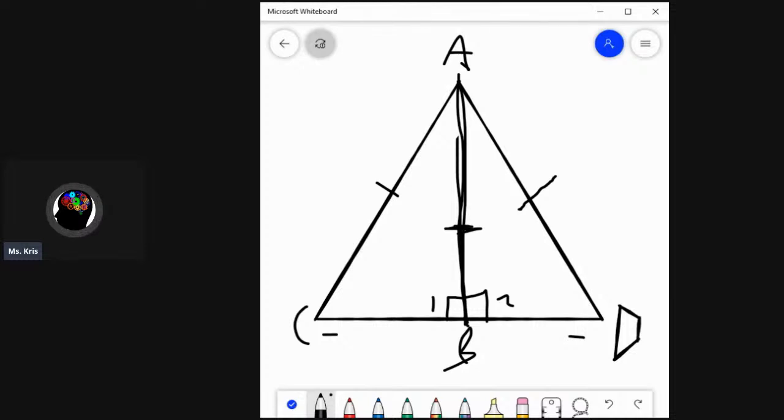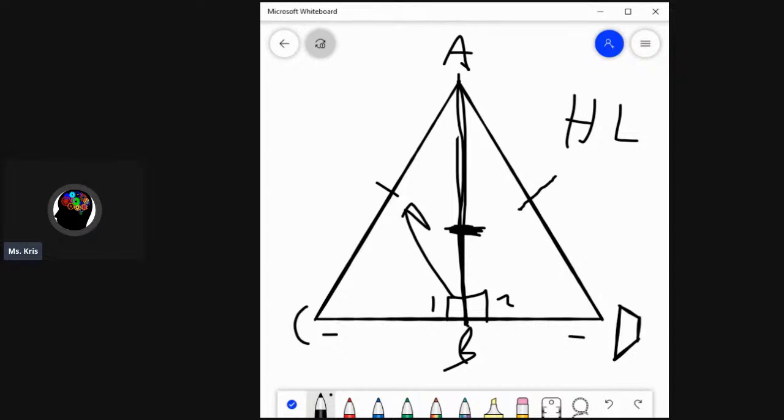Therefore, triangle ABC is congruent to triangle ABD based off of the hypotenuse leg theorem, because the hypotenuse is always opposite of the right angle, which would be here. And then we have a leg that they both share, which is AB of both triangles.